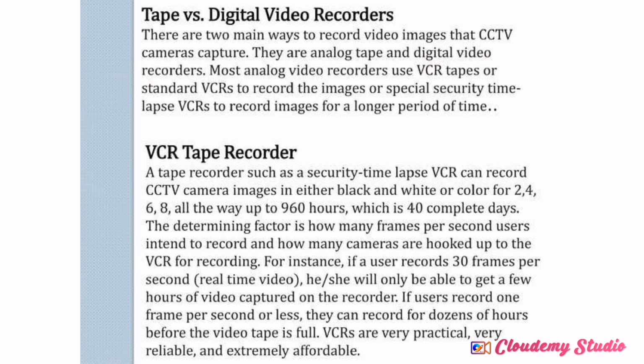Okay, so we'll continue. Most analog video recorders use VCR, which is also known as a video cassette recorder, tapes or standard VCRs to record the images, or a special security time lapse VCR to record images for a longer period of time.